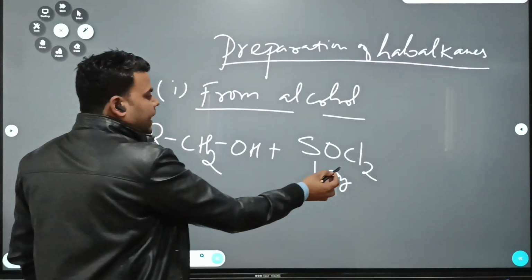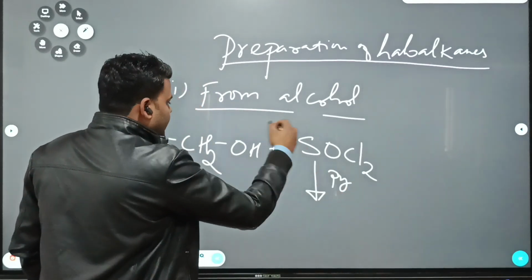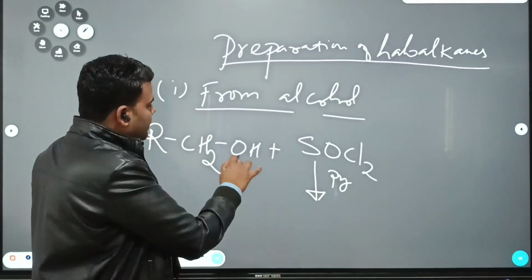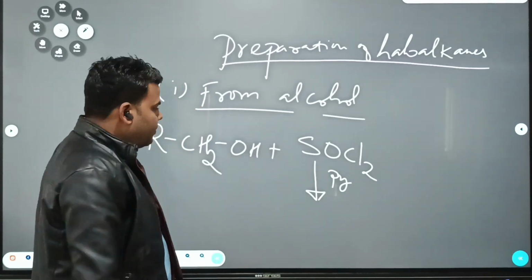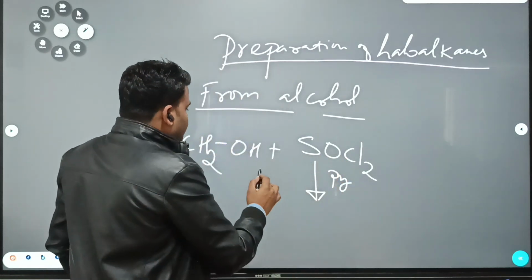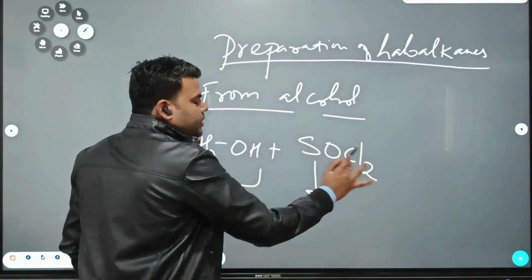So here the halogen directly replaces the OH group, the alcoholic group. I will tell you the shortcut form here. We have an alcohol and a compound which has a halogen.